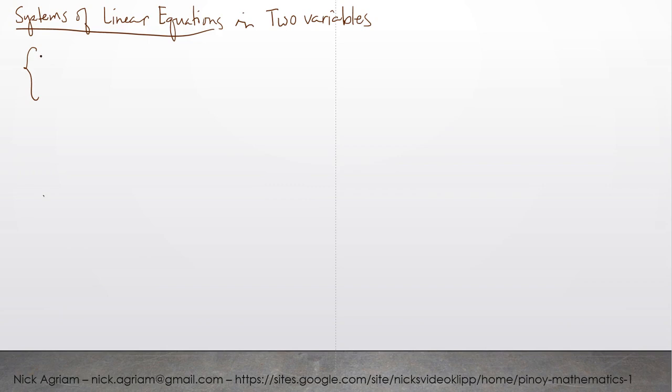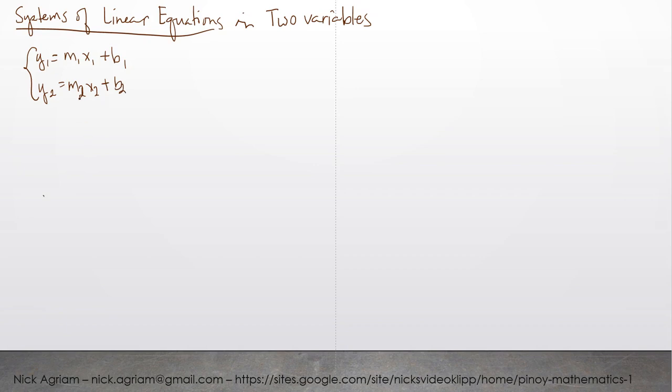You have y sub 1 equal to m sub 1 x sub 1 plus b sub 1, and then we have y sub 2 equal to m sub 2 x sub 2 plus b sub 2.